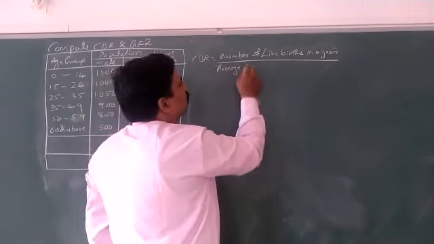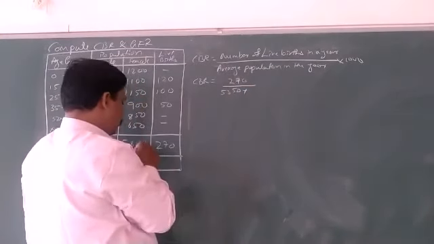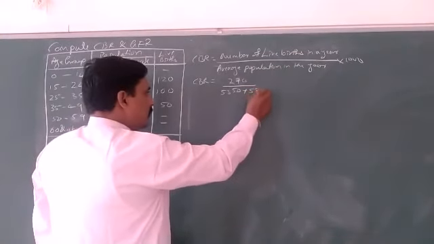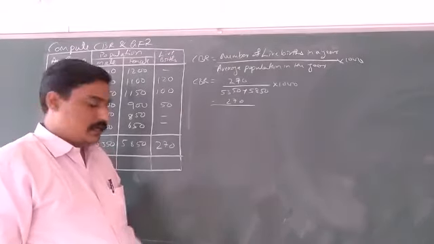So here the number of live births, 270, divided by both populations, 5350 plus 5850, into 1000. So that is 270 divided by 5350 plus 5850.